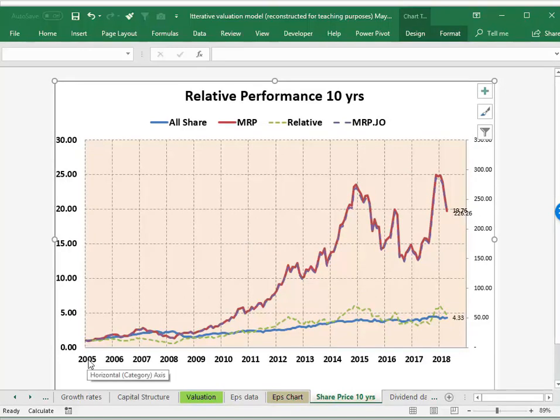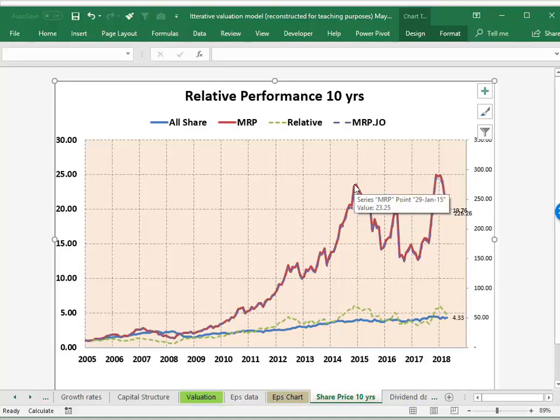And we would start back here at 2005, and we would say, what if we invested R1 in Mr. Price? Then we would follow this red line, and we would find that this R1 by the end of 2014 probably became worth 23 Rand and 25 cents.